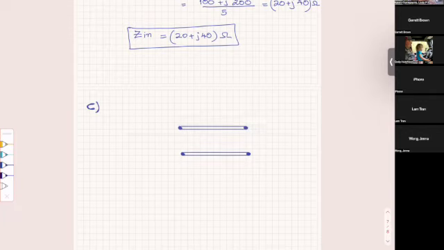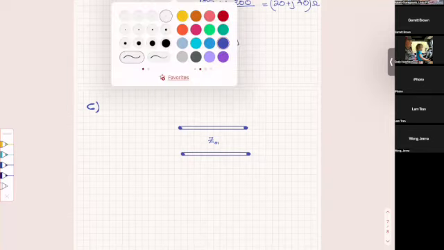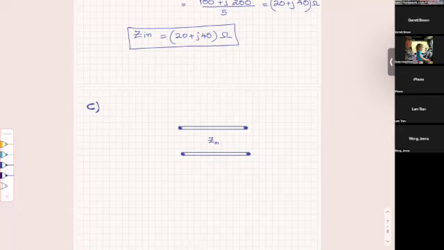Let's assume this is Z01, and at the end a resistor, which is 100 ohms. All right.